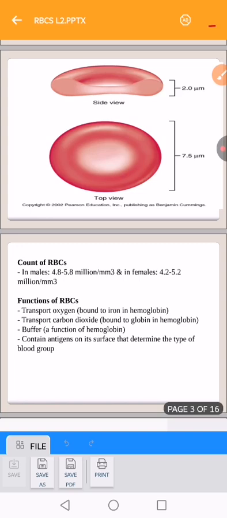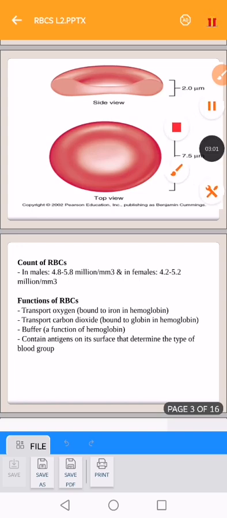We have hemoglobin in the RBCs. As we said, the RBCs contain hemoglobin and ATP. The hemoglobin contains iron and globin. The oxygen is bound to the iron in the hemoglobin and the carbon dioxide is bound to the globin. So this is the first and most important function of the RBCs, transport of the gases.